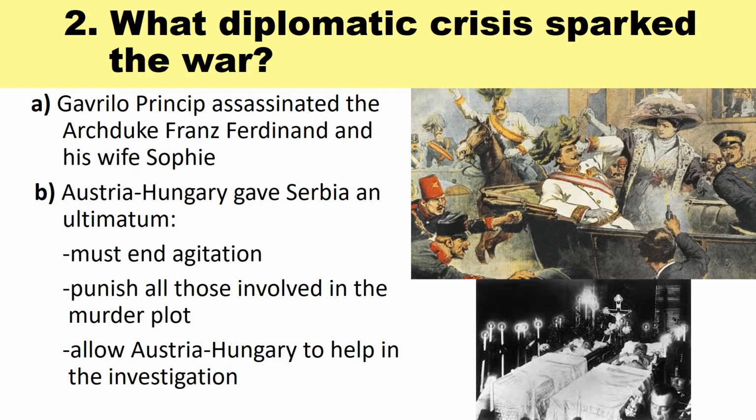It all kind of comes crashing down then around June of 1914. What happens in June of 1914 is the Archduke Franz Ferdinand, who's actually the heir to the throne of Austria-Hungary, decides to head to Sarajevo, which was part of that Serbian people that wanted their independence from Austria-Hungary.